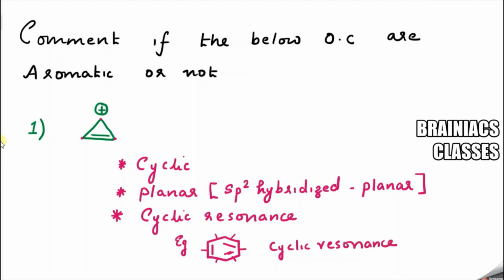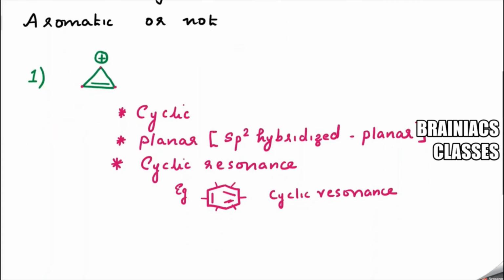Now suppose the given question is this one. It will be very easy to distinguish this way. Suppose it is given like this. Here there is a double bond, double bond, then single bond, single bond, single bond. So there is resonance from this portion to this portion: double bond, single bond, double bond.